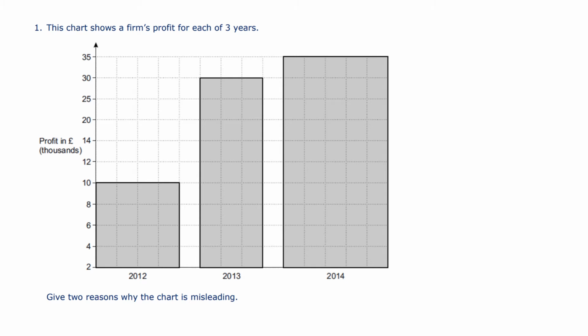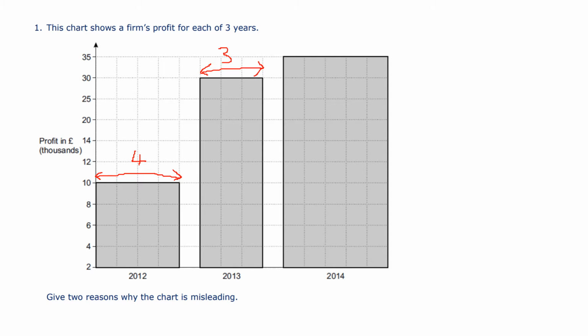So now we've got a bar chart, and the bar chart is showing us the firm's profit for each of 3 years. And it says here, give 2 reasons why the chart is misleading. Well, first of all, this is supposed to be a bar chart, and on bar charts, all of the bars should be an equal width, but they're not here. This one's 4 squares across.